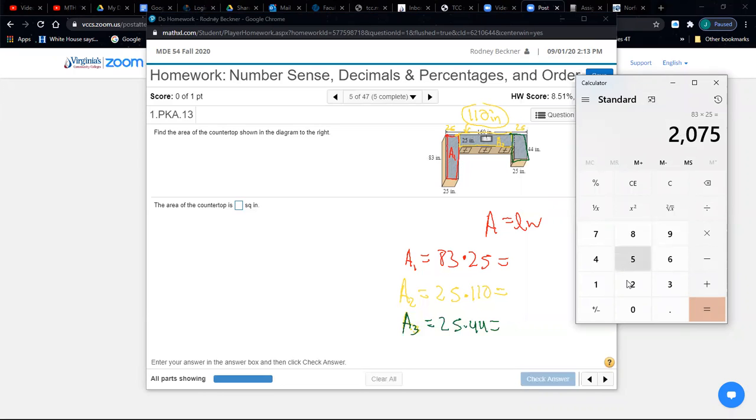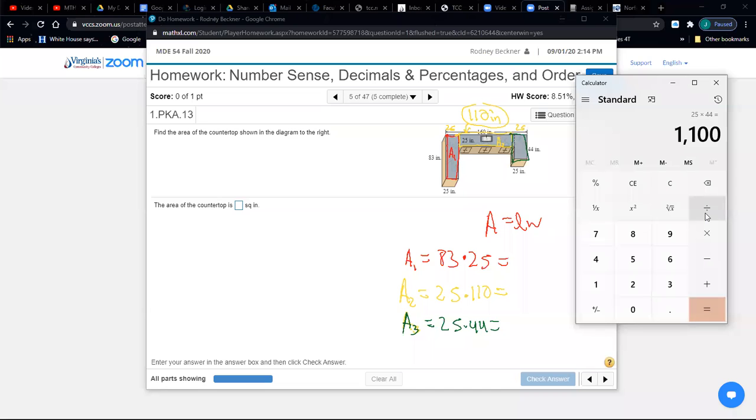Then the 25 times the 110, that's going to be 2,750. And then the 25 times 44 is going to give us 1,100.